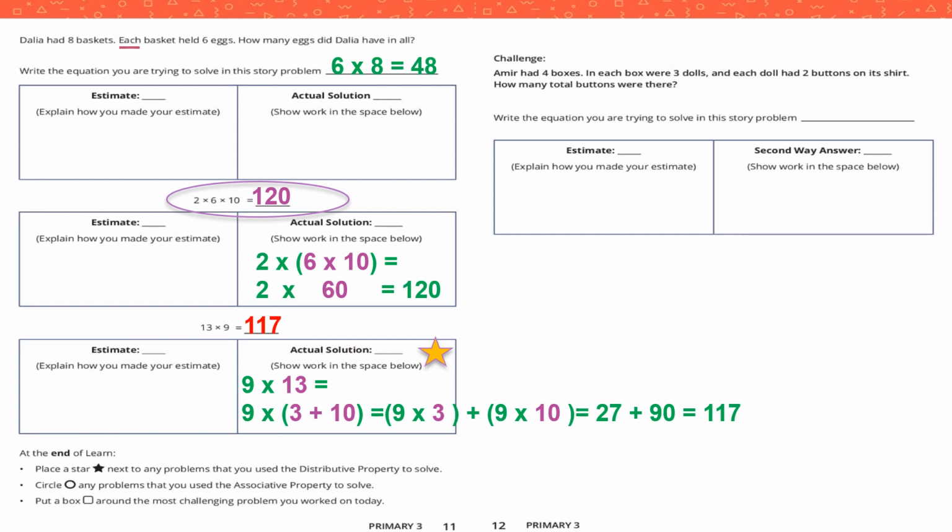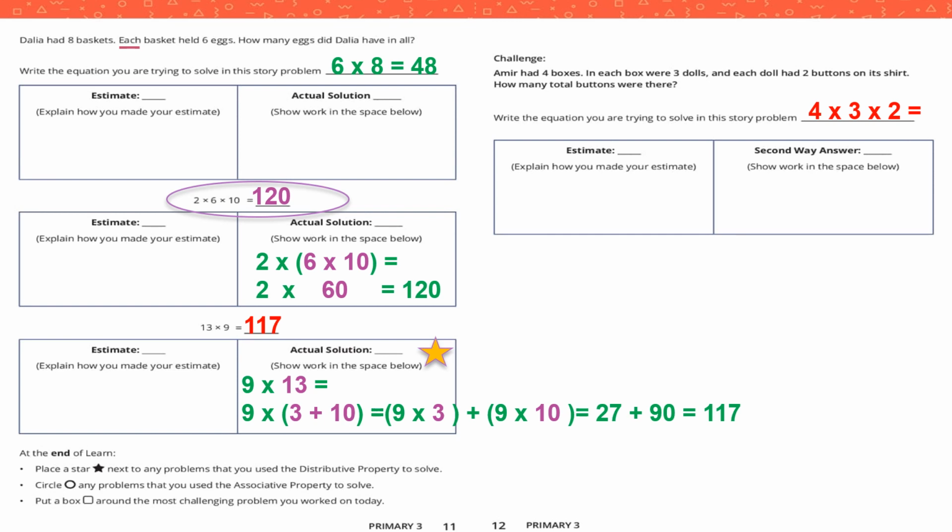So we have 4 boxes, inside each box 3 dolls, and inside each doll 2 buttons. Okay, so write the equation. Here I must multiply 3 numbers. I will multiply 4 times 3 times 2.